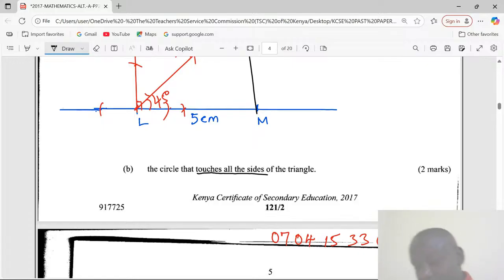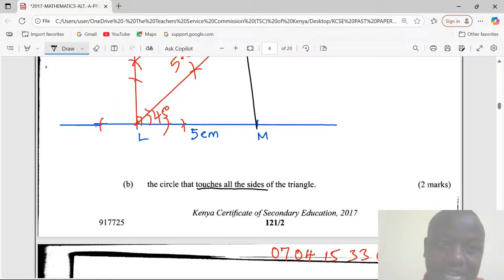But in this case, we are ensuring that the circle touches the sides. So for a circle to touch the sides, we are supposed to bisect angles. So bisect any two angles.